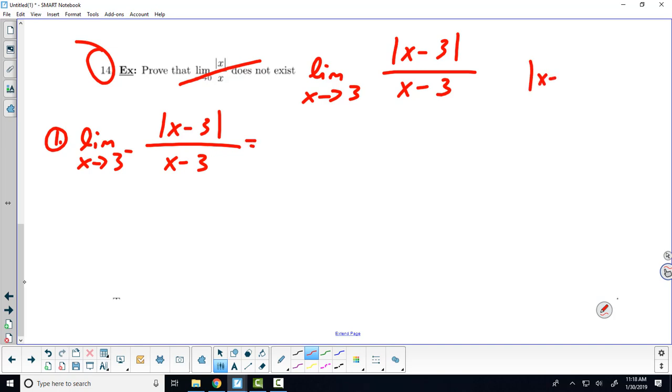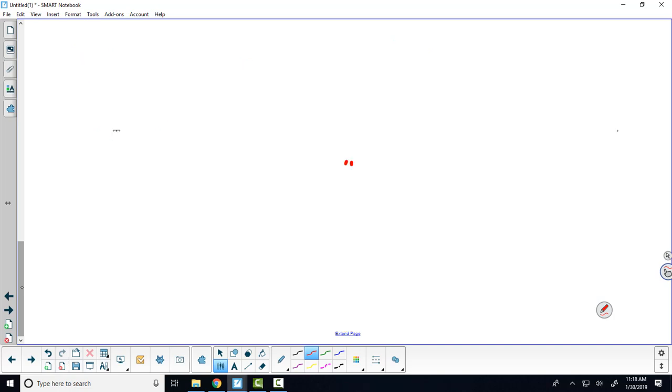The absolute value of x minus 3 is just equal to x minus 3 if the expression is positive, because this is something I think a lot of people are missing about absolute values.